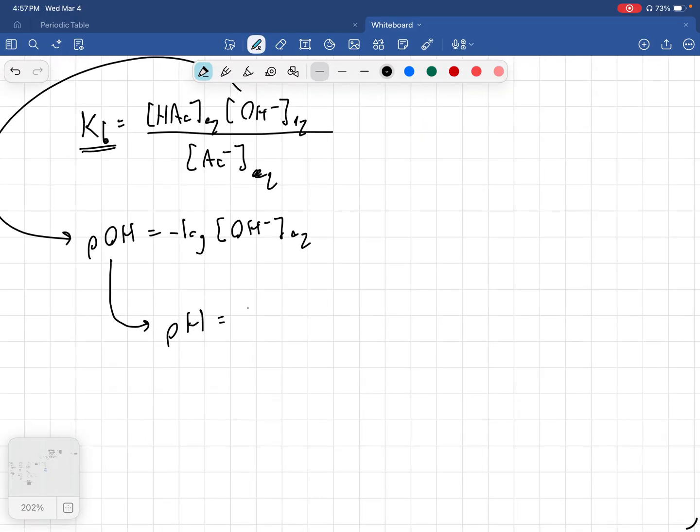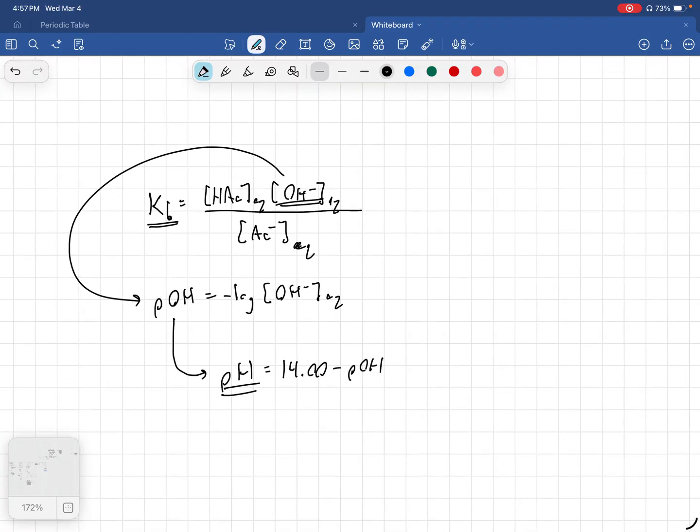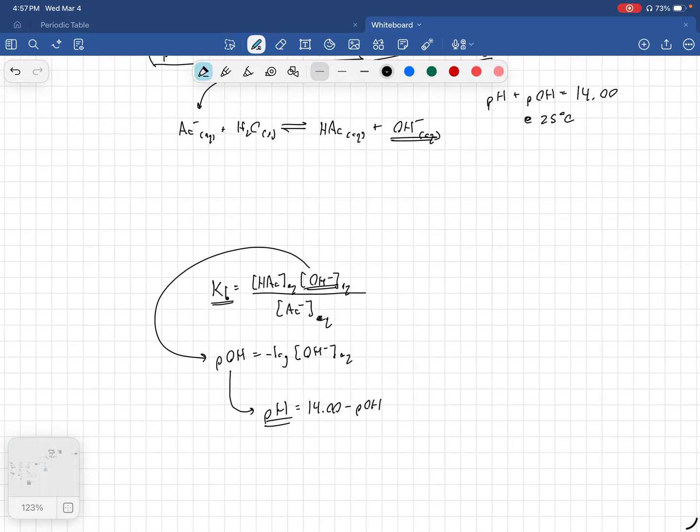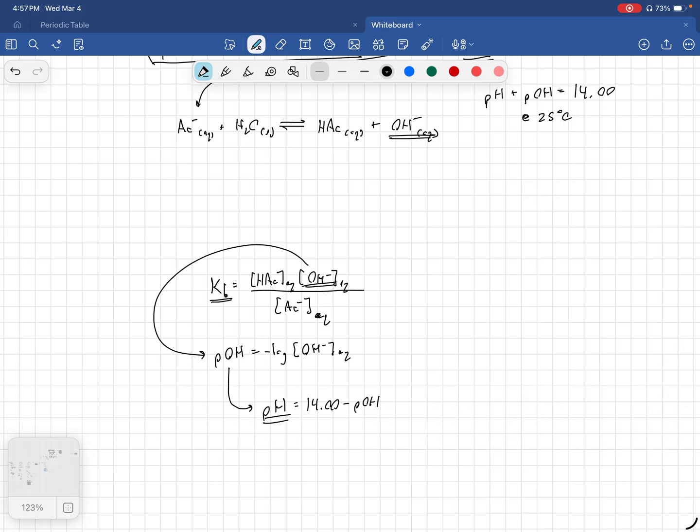So to calculate pH, I could just take 14.00 minus my pOH, and that will be our answer. So there's a couple of tricky things in this. We need to figure out the Kb, which will let us find the equilibrium concentration of OH minus, that we'll then use to find the pOH, which we will then use to find the pH.